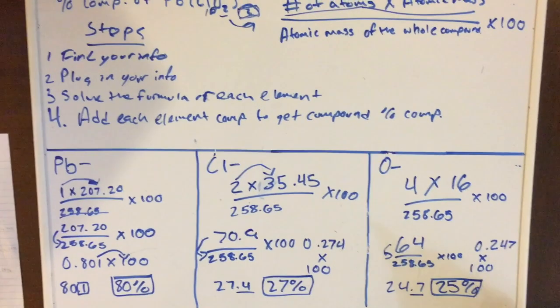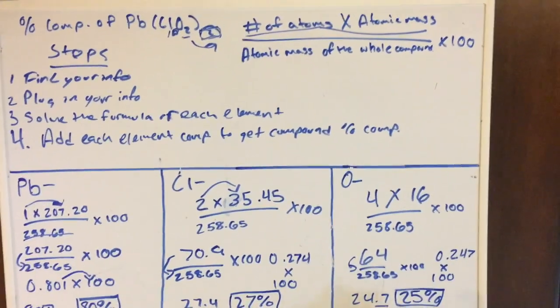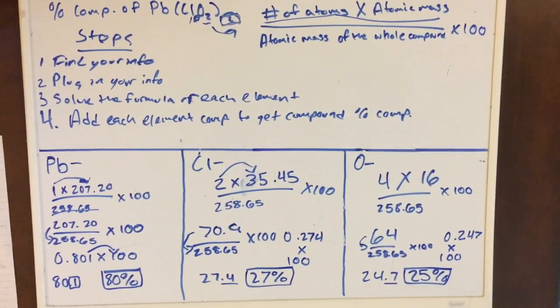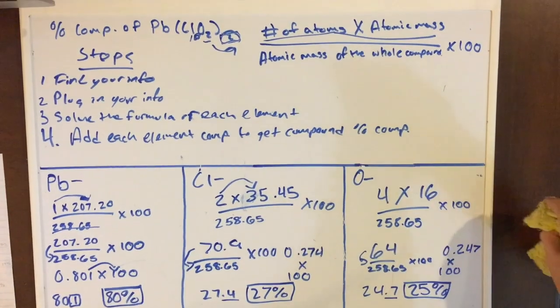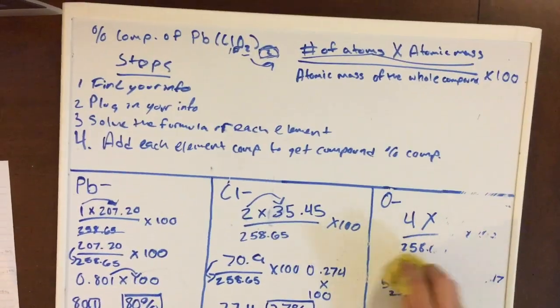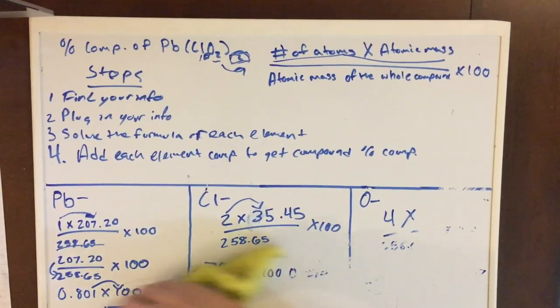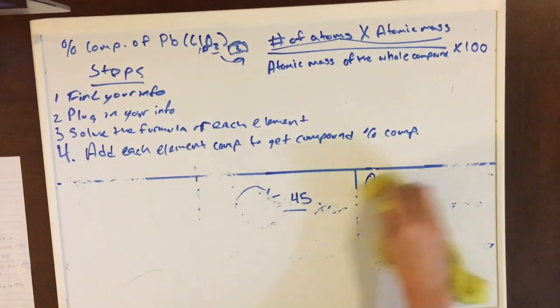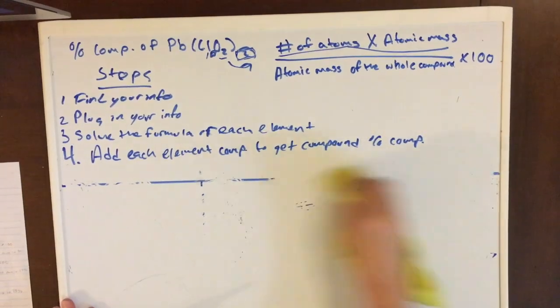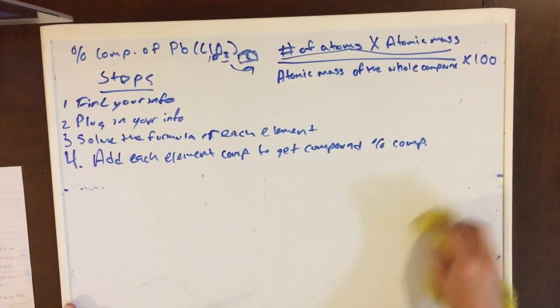So after you've gotten this 80%, 27%, 25%, you'll need to find the percent composition of the whole compound. So how you're going to do that is take that 25, 27, and 80 and add them all together to get your whole composition of your compound.